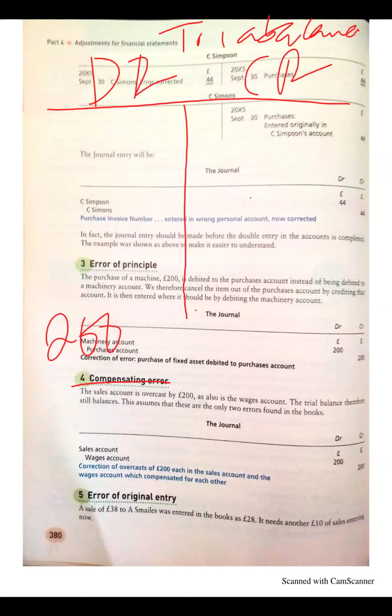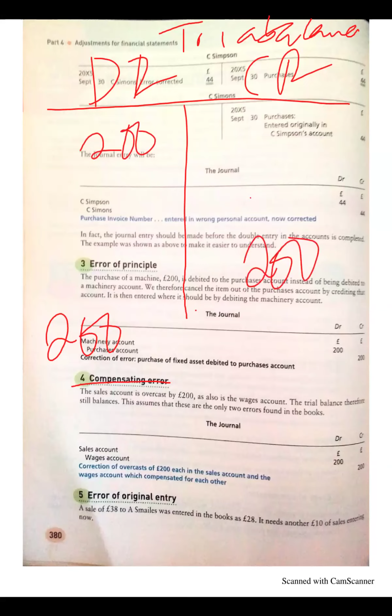Now, when you have these 2 accounts that belong to different sides of the trial balance, let's say one account that belongs to the debit side is higher by 200. Then you have another account that belongs to the credit side, and it is also increased by 200 in error.